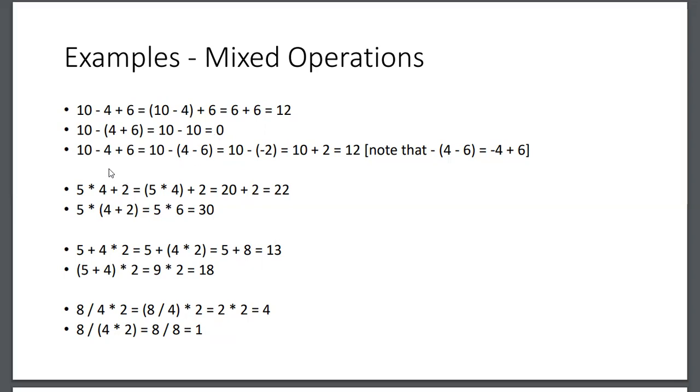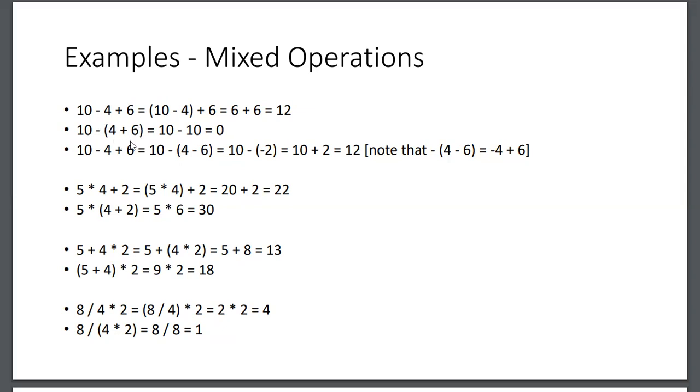However, note that the original expression, 10 minus 4 plus 6, is really equal to 10 minus 4 minus 6. When you put the parentheses on, you have to take into consideration the distributive law, and undoing it, this would become a minus 4, and a minus 6 would be a plus 6.